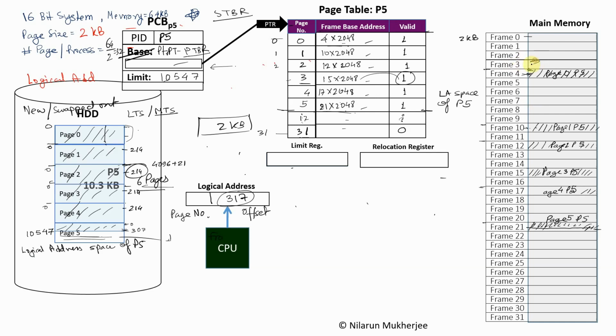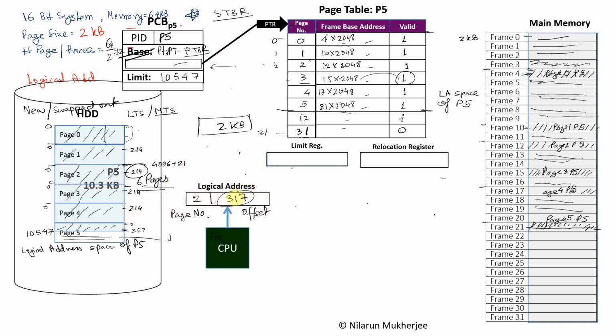You can suppose that these frames are already used by pages of other processes, so we are left with these three frames where we loaded the pages. Now 347 will not come with just 347. Suppose it is page 2, 347.